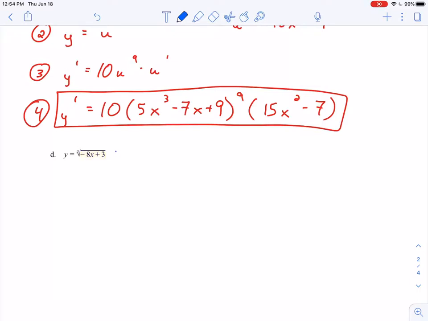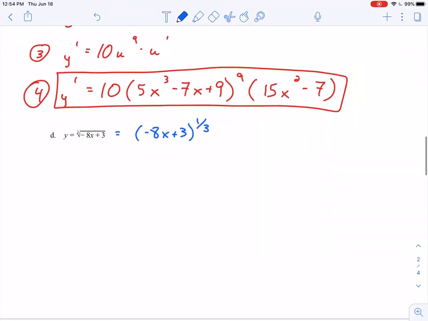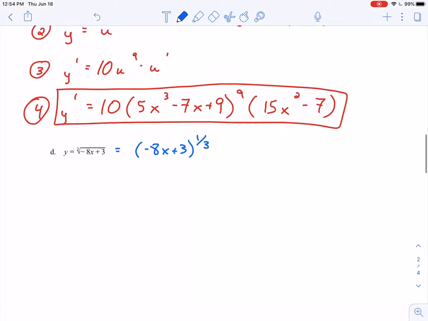So maybe I'll rewrite this as negative 8x plus 3 raised to the 1/3 power. Let's see if we can do this problem both ways. I'm going to take the derivative quickly using the idea I just talked about, and then we'll come back and use the same 4 steps.